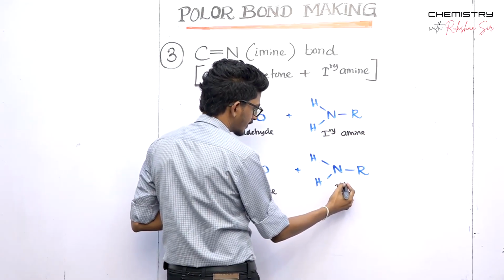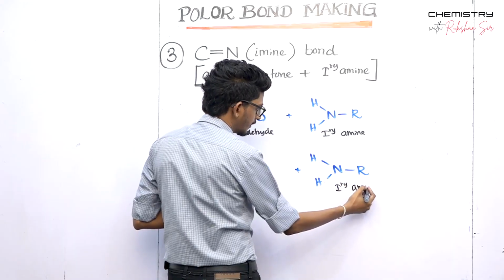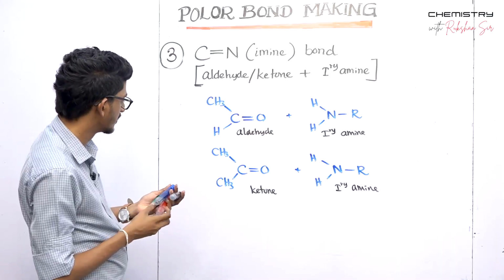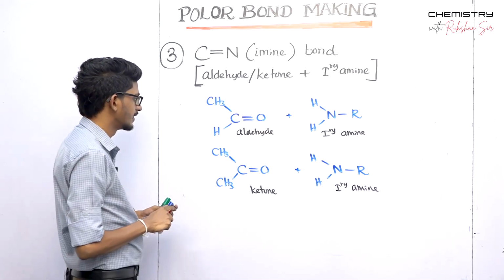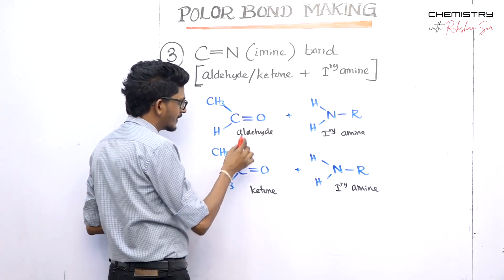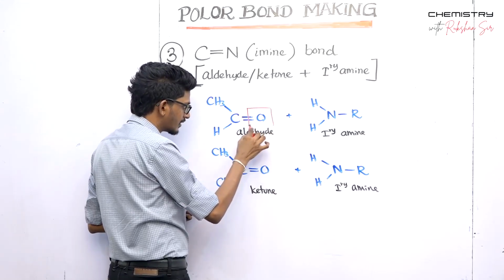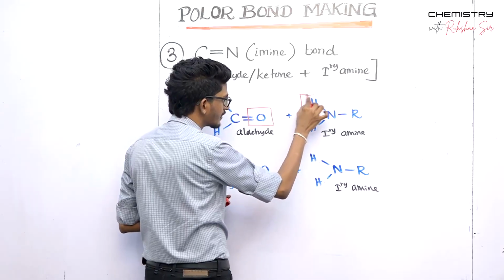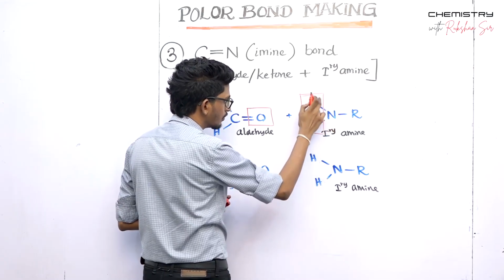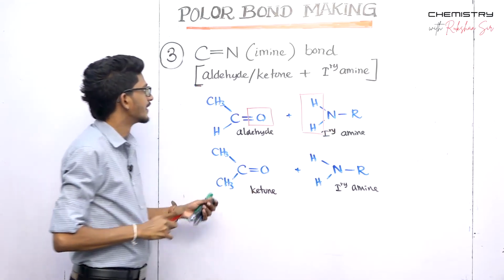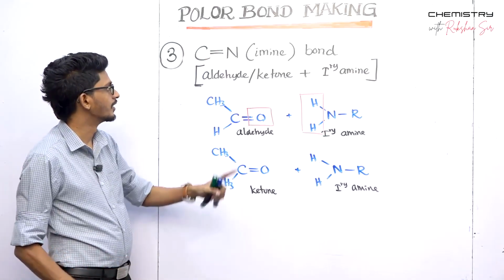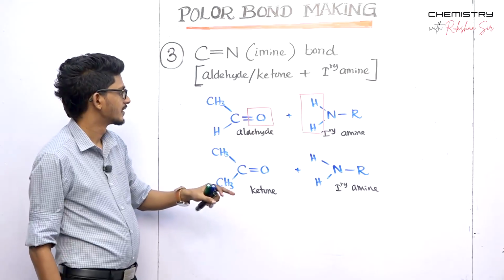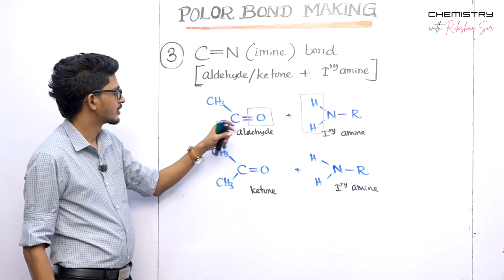To get rid of that smaller molecule, to connect the nitrogen and the carbon, we need two hydrogens. What is the smaller molecule here? This oxygen will be removed with the two hydrogens of the nitrogen. To form a carbon nitrogen double bond, two bonds should be left.